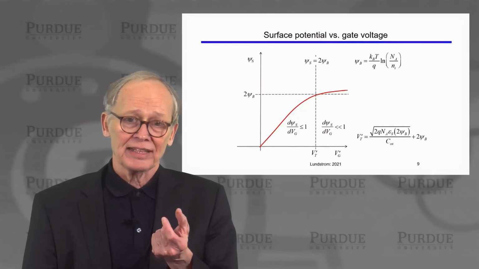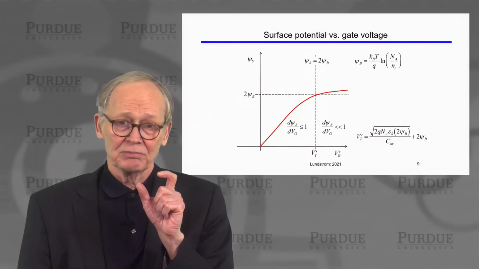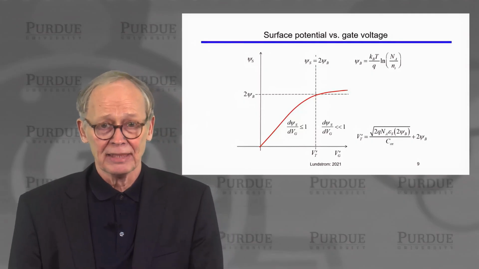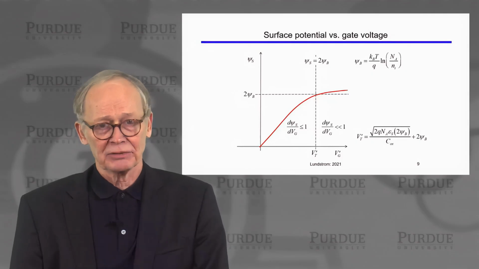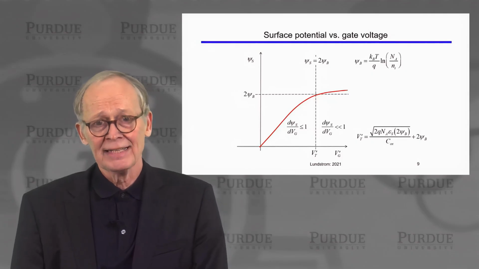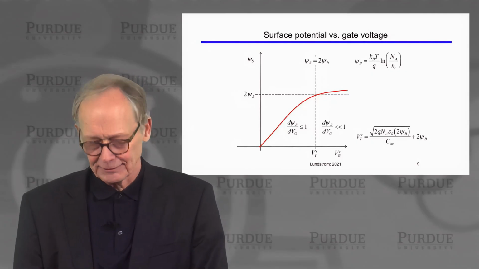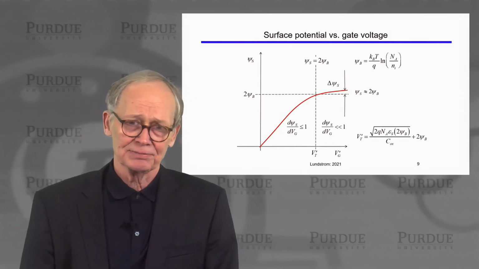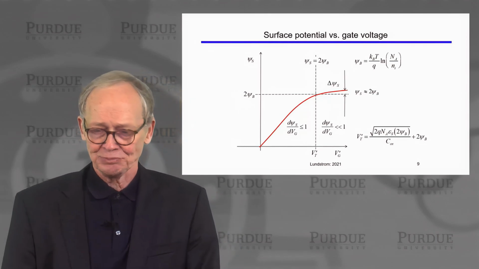The volt drop across the oxide, which is charge in the semiconductor divided by oxide capacitance, is getting very big. All of this added gate voltage just increases the volt drop across the oxide and doesn't do much with the semiconductor. So we can bend the bands a few kT, but not very much. It gets hard to bend the bands.